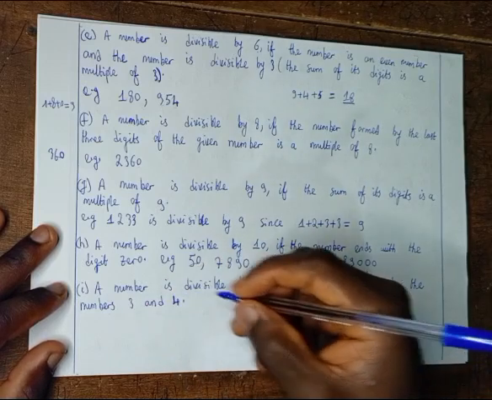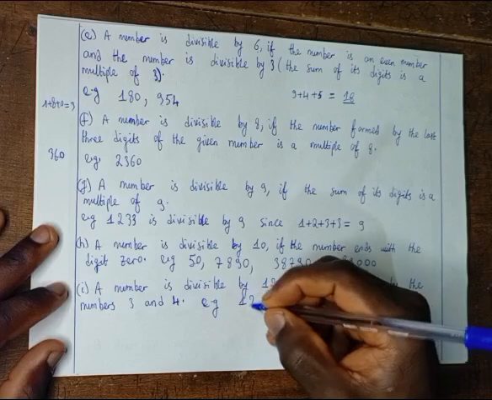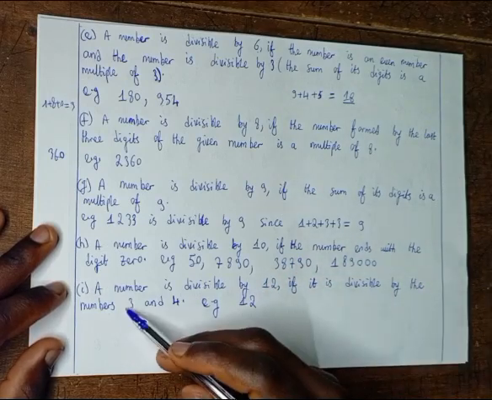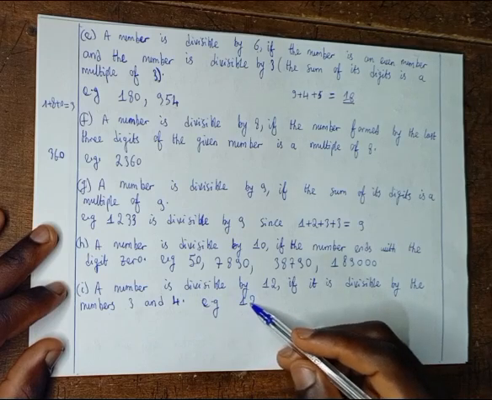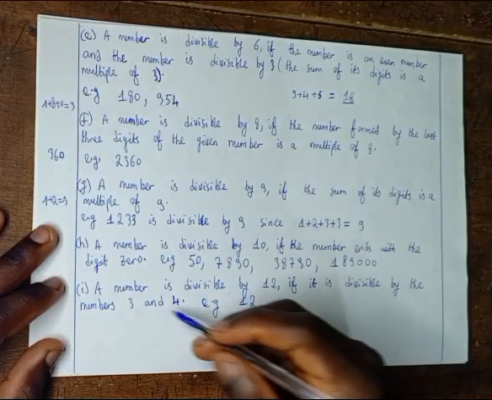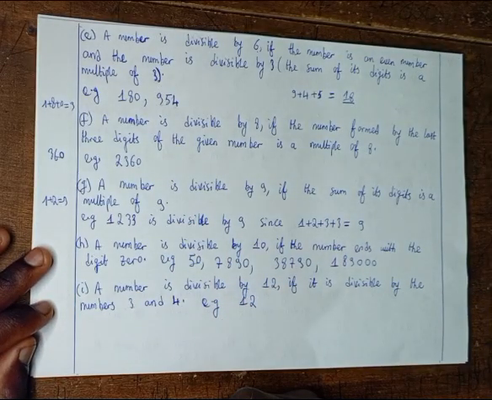Let's take, for example, the number 12. 12 is divisible by both 3 and 4. If we sum the digits of the number 12, 1 plus 2 is equal to 3, and 3 is a multiple of 3. That means it's divisible by the number 3.